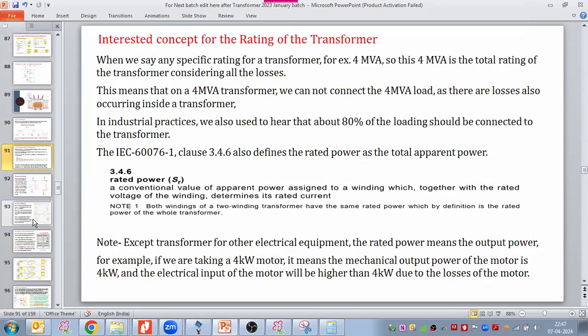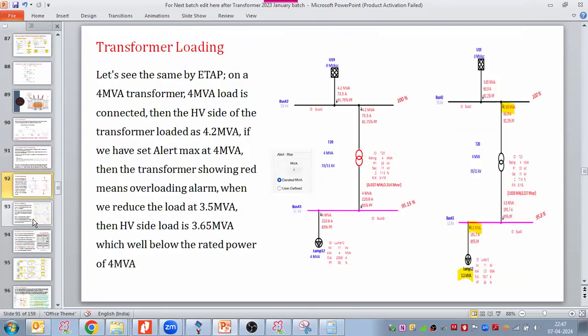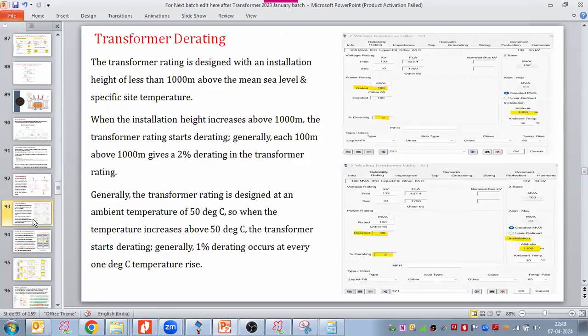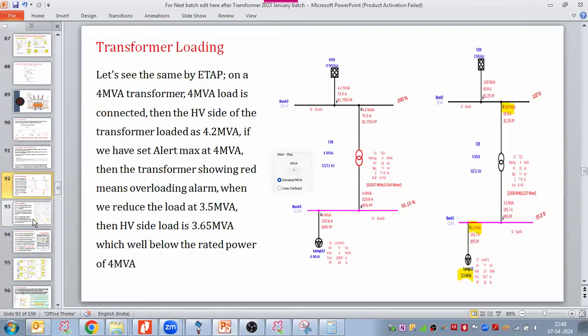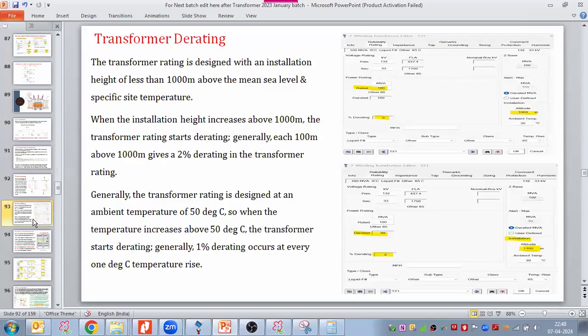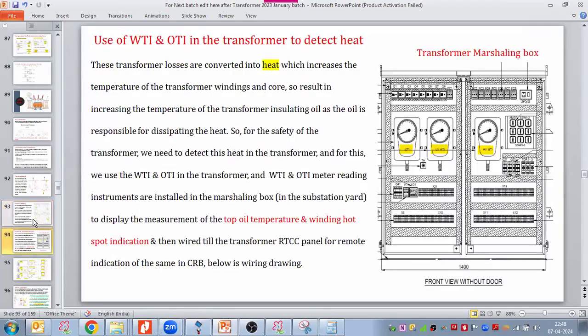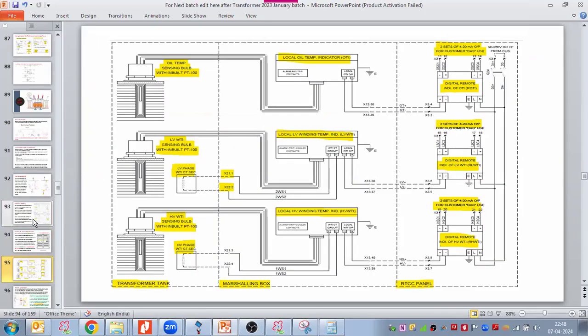The losses concept we extend to the rating of the transformer, how much loading we can do on the transformer, and the derating of the transformer. Then we extend this concept: since losses are generating heat, this heat should be sensed, and for that we use temperature indicators.